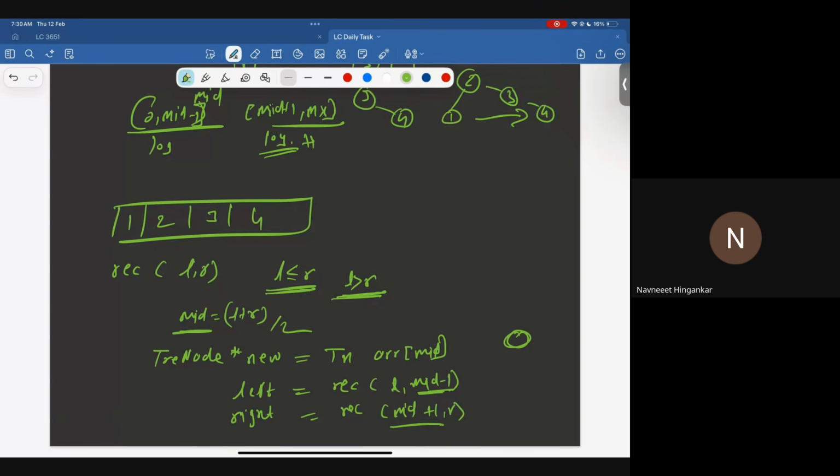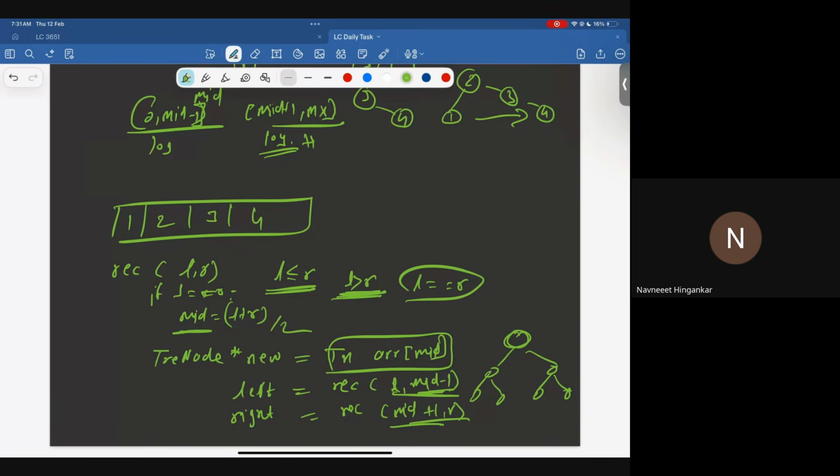Or you can just stop at L equal to R; we don't even need to go further. If L equals R, just return that tree node with new node creation. Else recurse on this, get the left and right, and attach them.